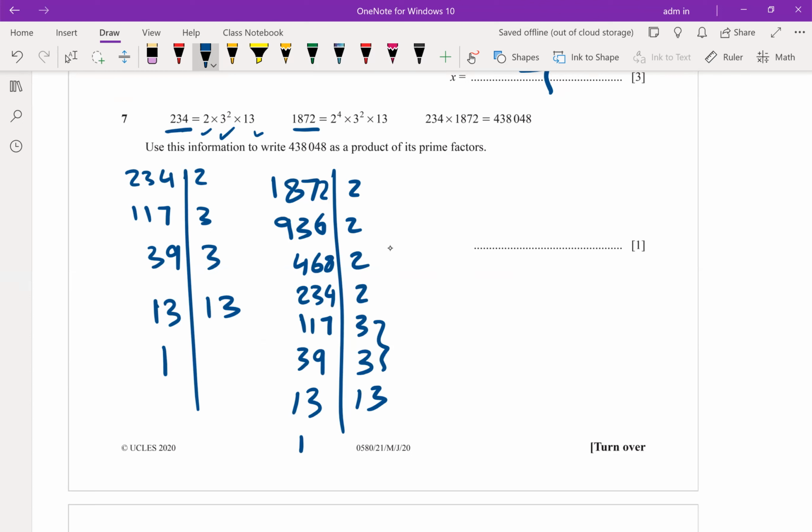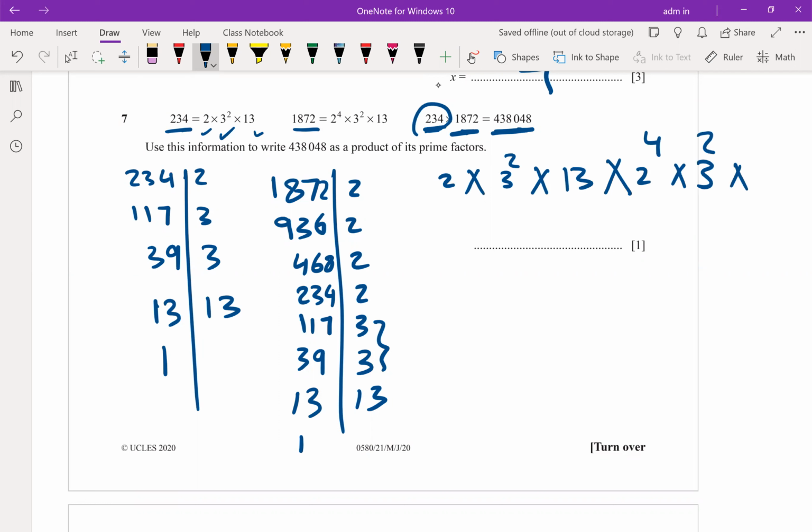It's already given. But when you multiply 234 and 1872 in this number, how to use the given information to write the product of 438048 as a product of prime factors? Just write 234, which is 2 times 3 to the power of 2 times 13, times 1872, which is 2 to the power of 4 times 3 to the power of 2 times 13.